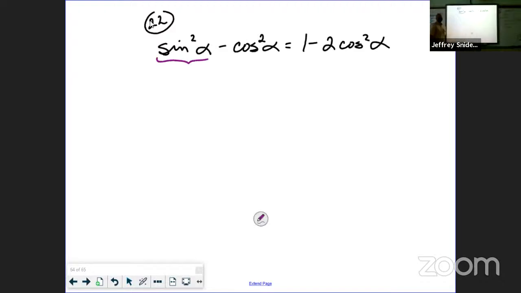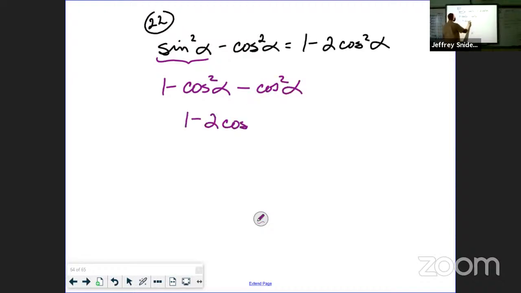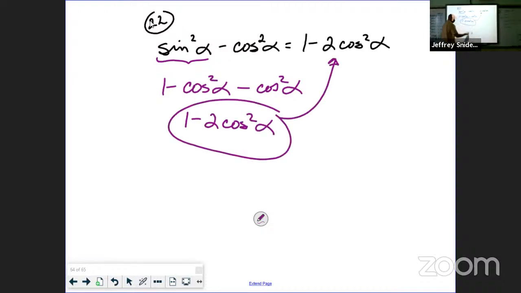This one's also. Okay. Well, what am I going to replace that with? 1 minus cosine squared. 1 minus cosine squared alpha minus cosine squared. Oh, that's just 1 minus 2 cosine squared alpha. Yeah. Boom. That's why I said that's a cute one.